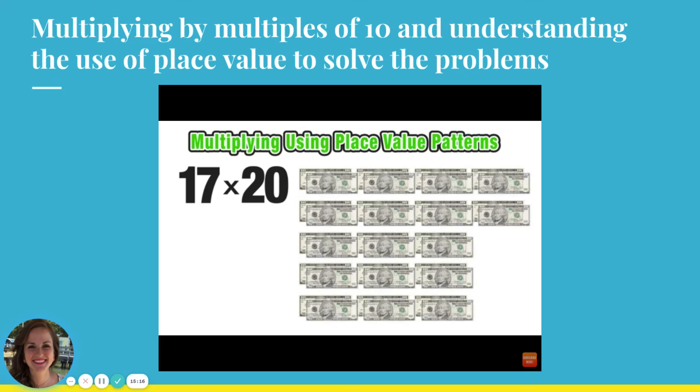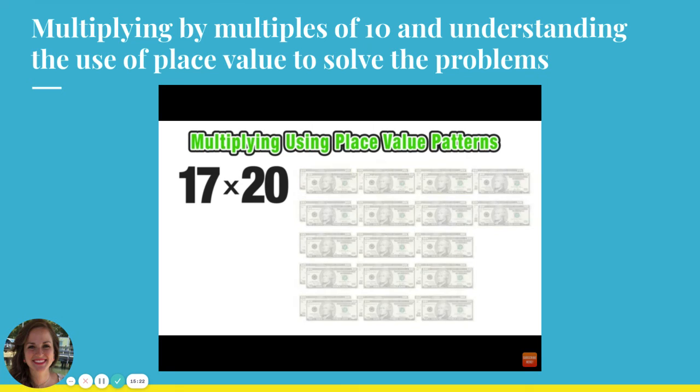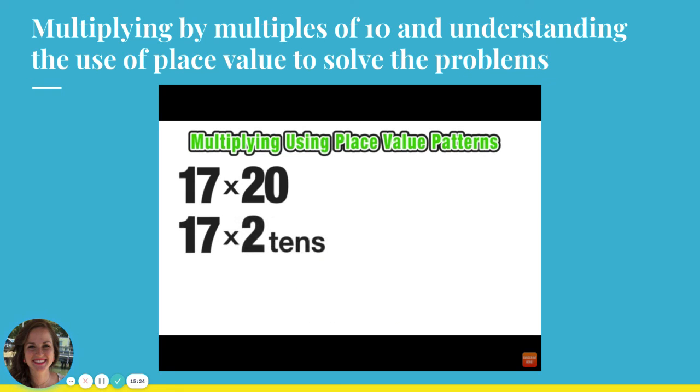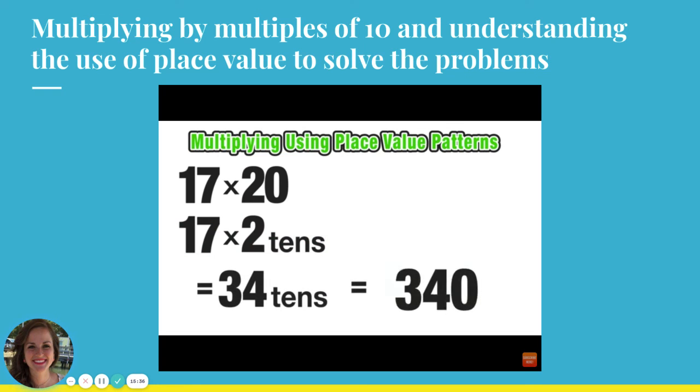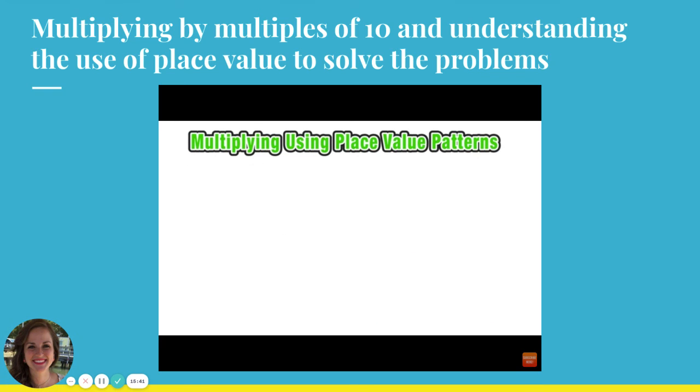Now, instead of 17 piles of 10, we have 17 piles of 2 tens, since 2 tens equals 20. So we can rethink this product as 17 times 2 tens, since 20 and 2 tens are equivalent. And 17 times 2 tens is 34 tens, and 17 times 2 is 34, and 34 $10 bills would be $340.